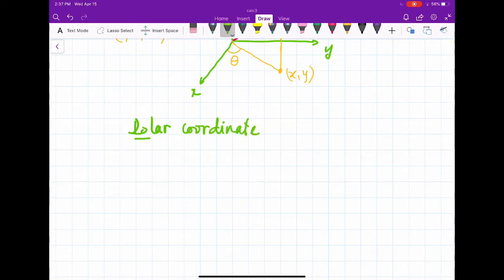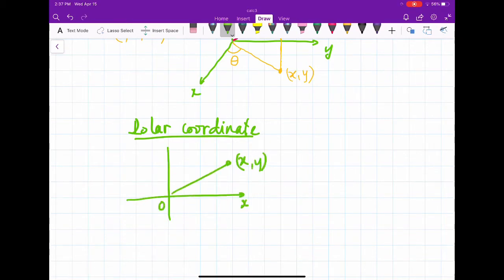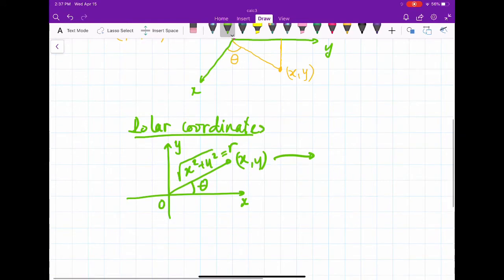If you have some point in the plane, right here, x, y, you may find the angle between the vector and the x-axis, let's say theta, and of course you may find the length of this vector, which is square root of x squared plus y squared, right? We denote it by r. So from here we may transfer to polar coordinates as r and theta.